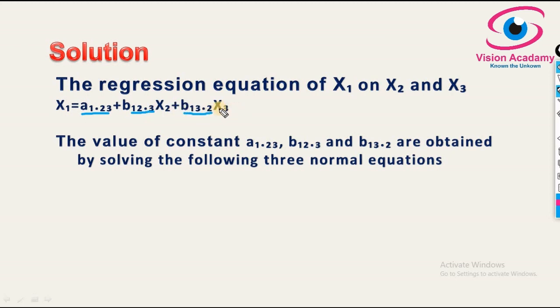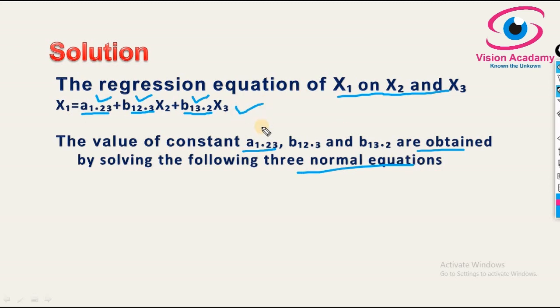Unless you derive the values of these three, b13.2, b12.3, a1.23, you cannot solve the equation of x1 on x2 x3. So for that, a1.23 is a constant, and b12.3 and b13.2 are obtained by solving the normal equations relating to this basic equation.